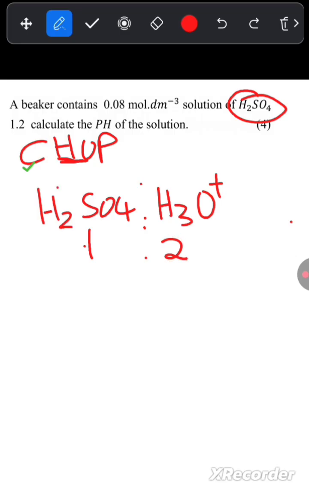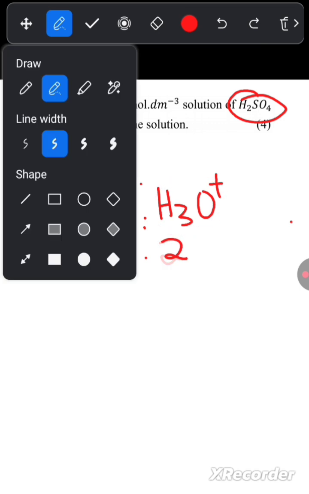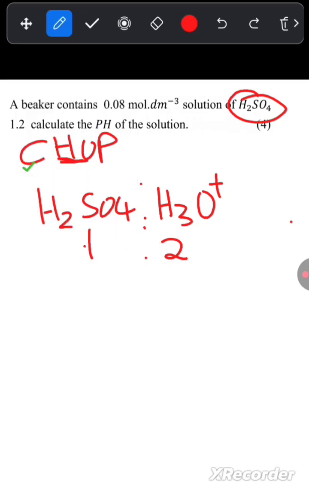If 2 hydrogens are being produced from one acid, then also 2 hydronium ions are being produced from one acid. That's what it actually means. Now, the concentration is 0.08, right? So what is the concentration of hydronium ions?